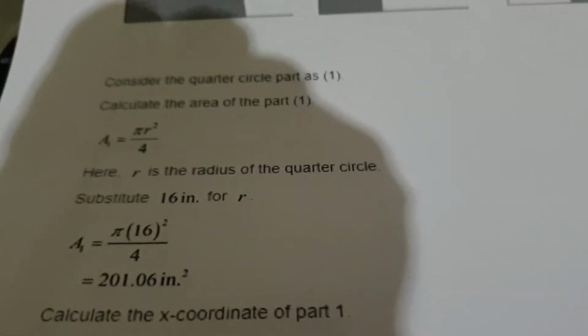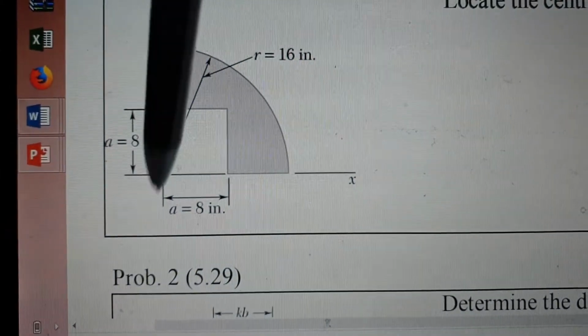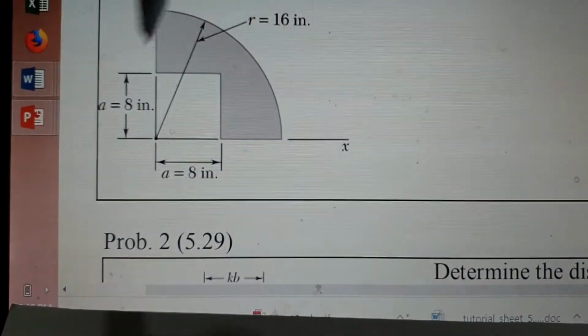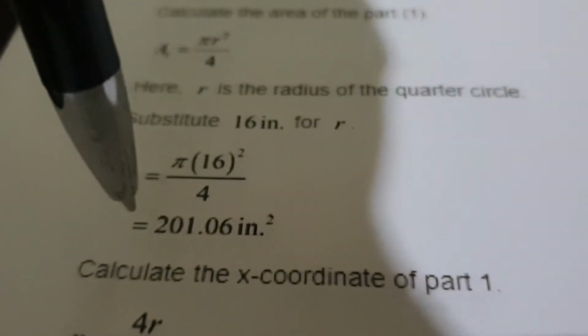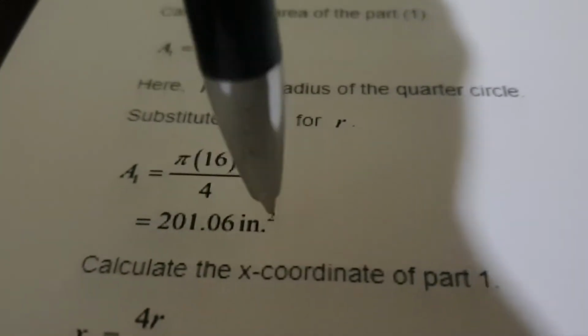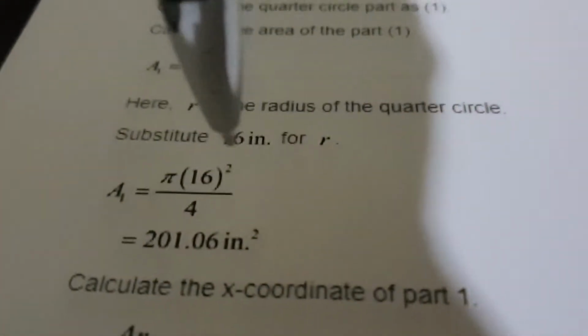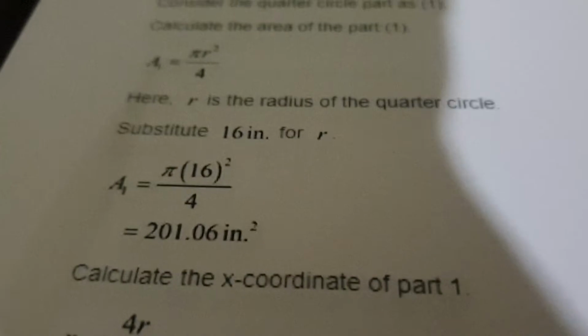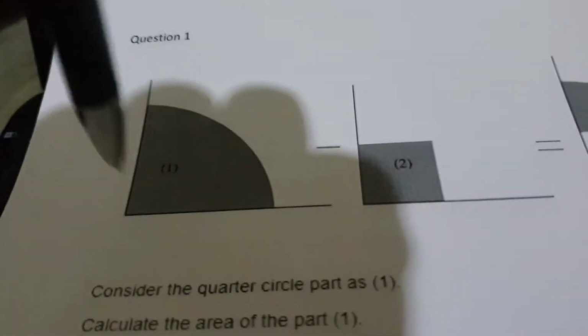We know that the radius was given here, it's 16 inch. So it's pi times 16 inch squared over 4. It will equal 201.06 inch square.